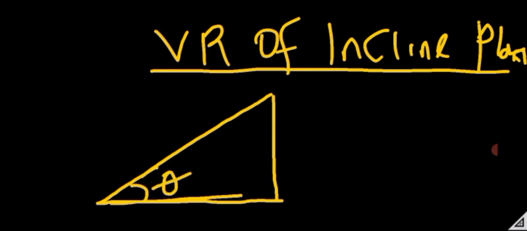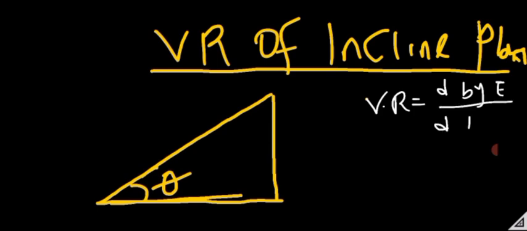Now remember that velocity ratio VR is distance moved by effort over distance moved by load. This is a short form, distance moved by effort over distance moved by load.